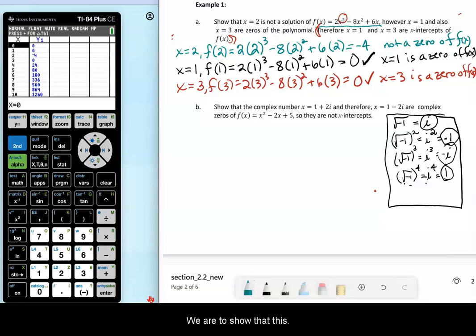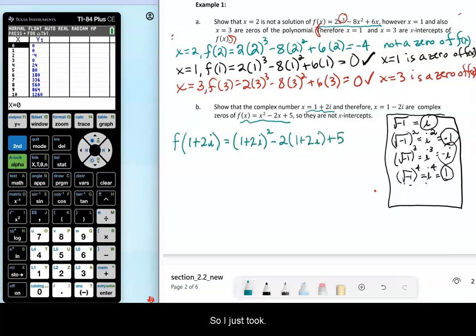We are to show that this is a complex zero of this quadratic. So, f of 1 plus 2i is equal to (1 plus 2i) squared minus 2 times (1 plus 2i) plus 5. So I just took the complex zero and plugged it in everywhere there was an x.